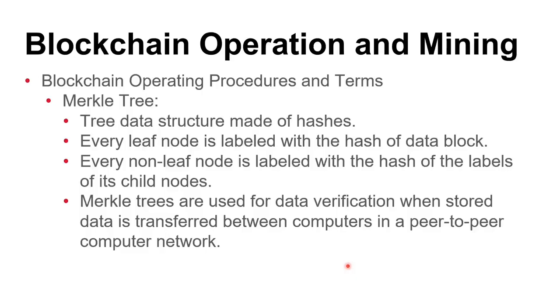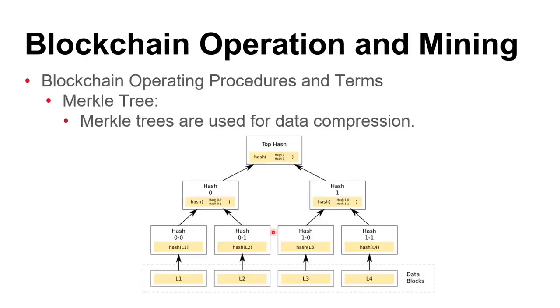Every leaf is labeled with the hash of a data block, and every non-leaf is labeled with the hash of the labels of its child nodes. Merkle trees are used for data verification, and they are also used for searching purposes. Merkle trees are very fast data structures, and data is transferred between computers in a peer-to-peer computer network, and Merkle trees are used for that data verification.